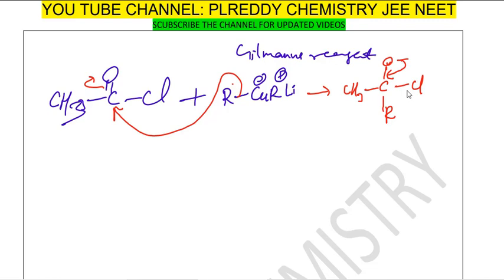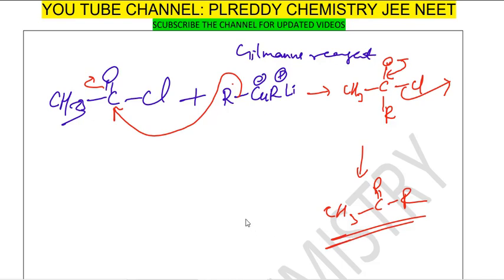Whenever it's coming back, then it is releasing. Here halogen is good leaving group, so we are getting CH3C double bond OR. That means ketone we are getting here.